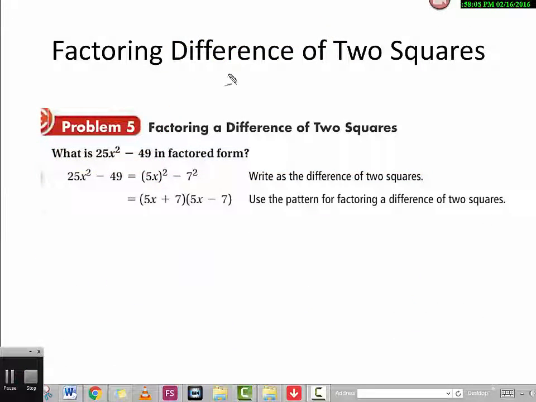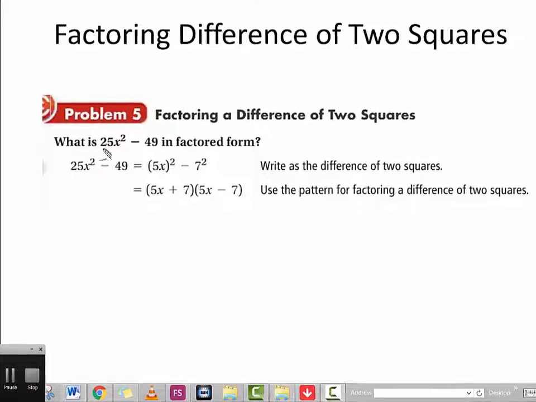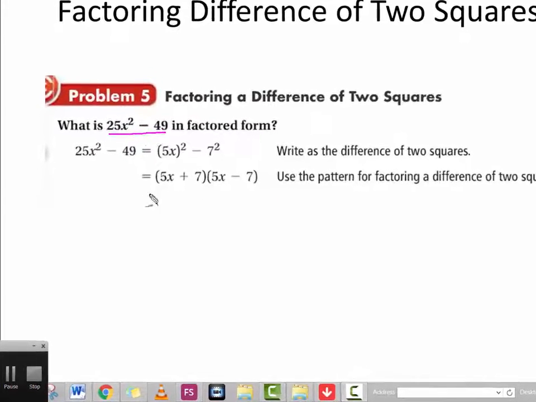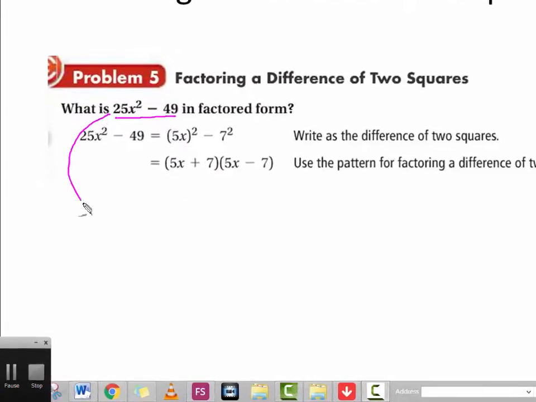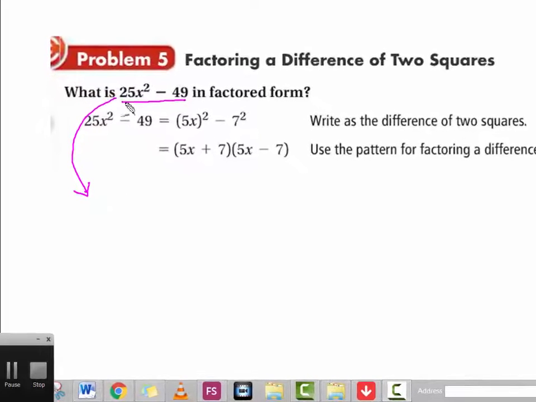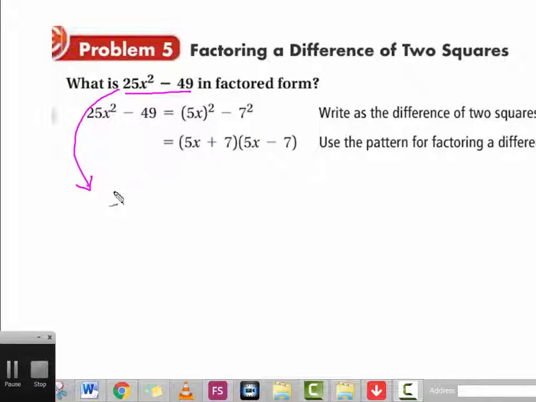We are going to use difference of two squares to factor these quadratic expressions. In this case, we have to change 25x squared into a perfect square first. In this case, we can do 5x whole square, because 5x whole square means 5 squared times x squared, which is 25x squared.